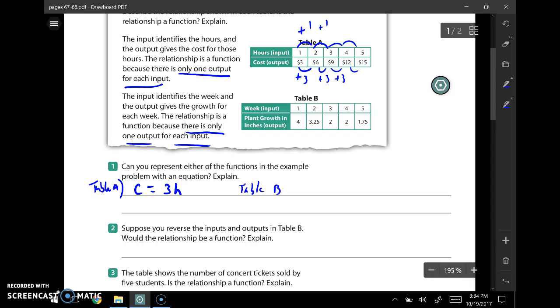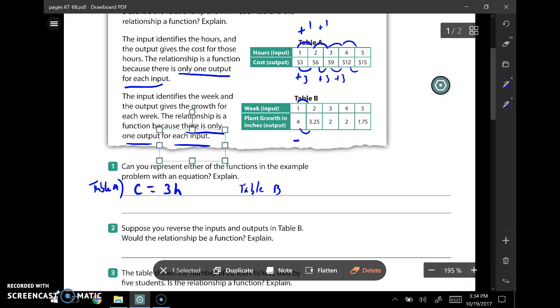Table B, it looks like for every week gained, I lose 3/4 of growth. But then here, going up a week, I lose 1 1/4. And then here it looks like it stays the same, and then it loses like another quarter.